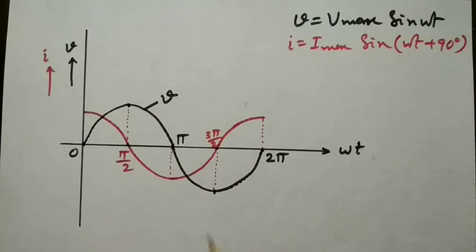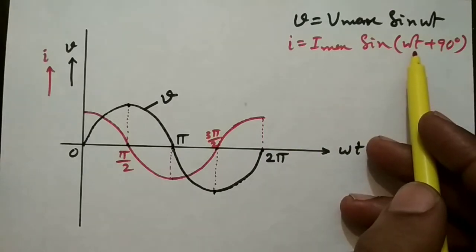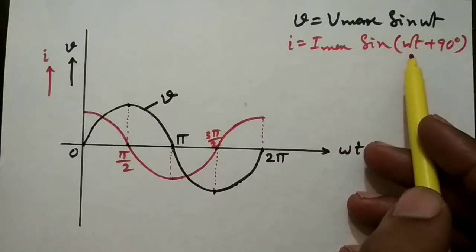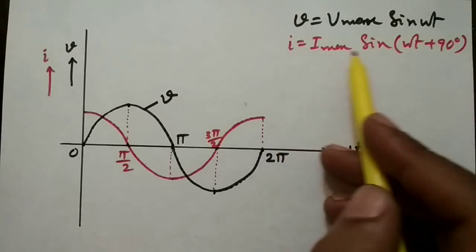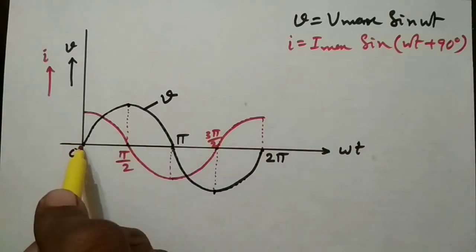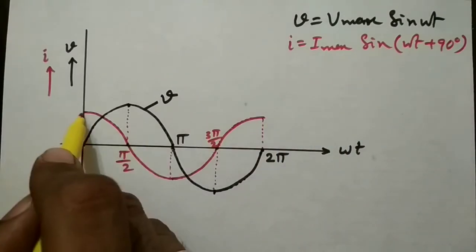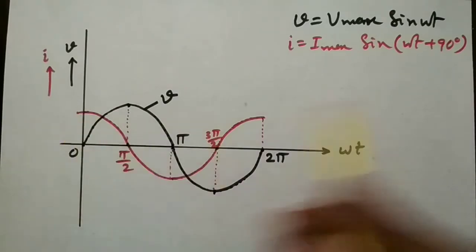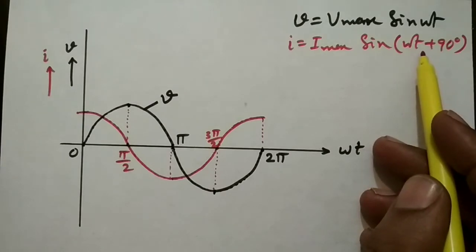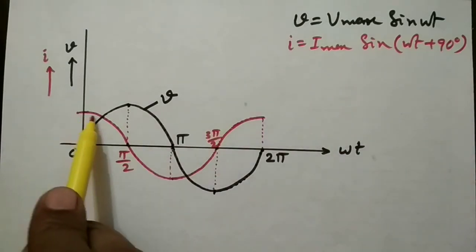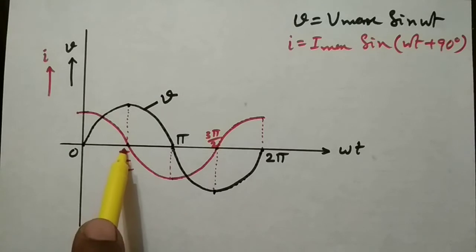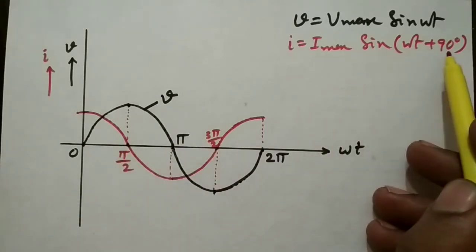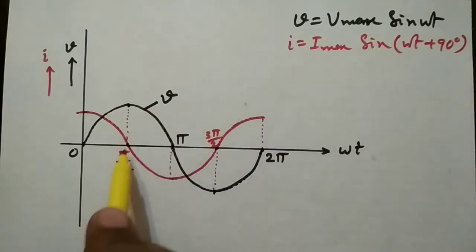Now for the current waveform, when omega t equal to 0, it will be sin 90 degree. Therefore, the value of the current will be maximum. As the omega t value gradually increases, the value of the current will gradually decrease. At 90 degree, it will be sin(90 plus 90), that is sin 180 degree, so the current will become 0.